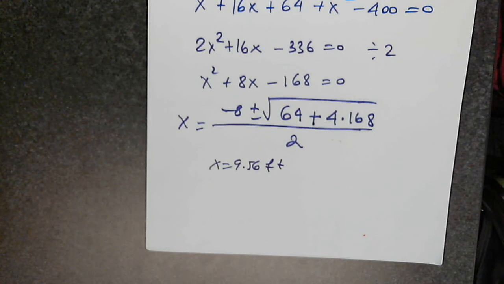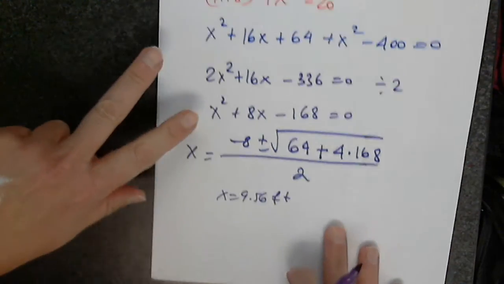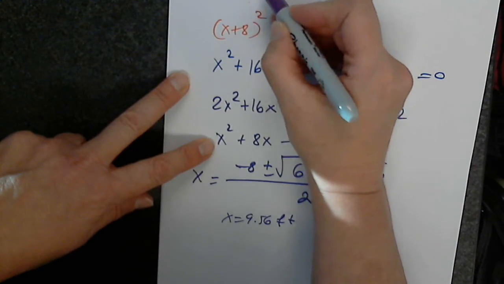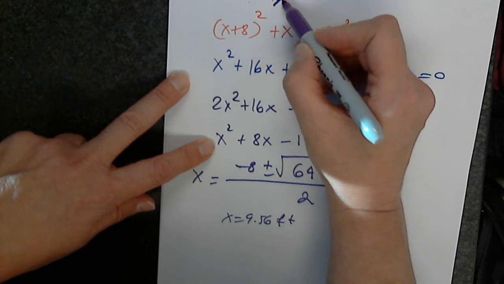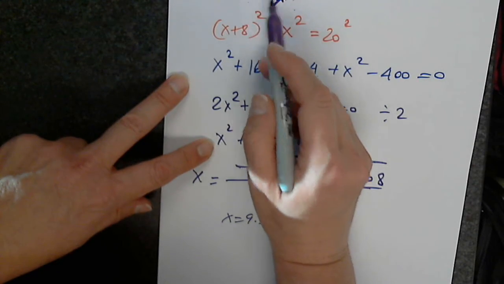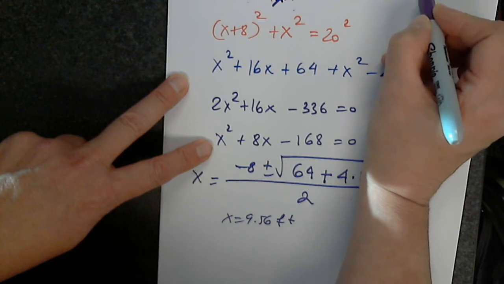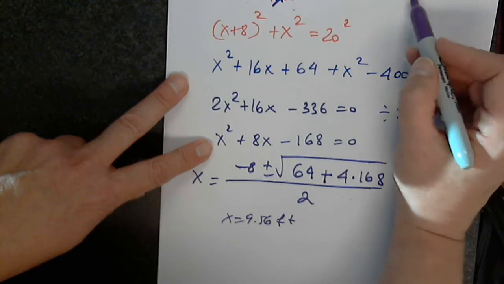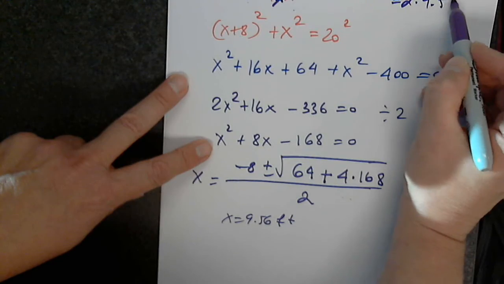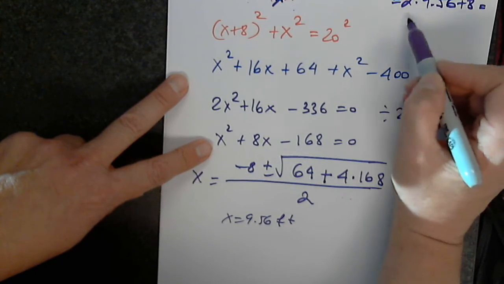So then how much are we saving? So when we go from here till here, we have x plus 8 plus x. X plus 8 plus x is 2x plus 8. And this will be 2 times 9.56 plus 8.